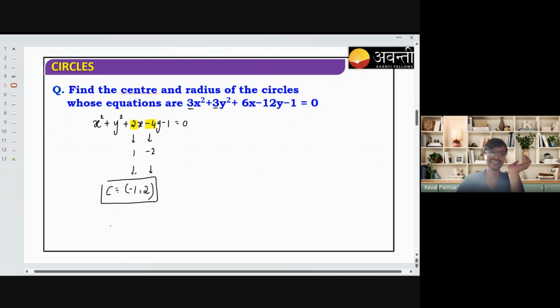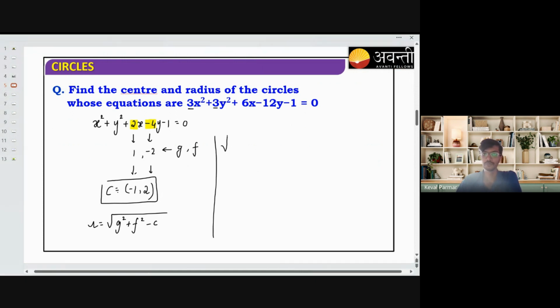Now what is radius? Radius is under root of g square plus f square minus c. Now remember, these are the coordinates of g and f. So what is g? G is 1. What is f? F is minus 2. So let us find the radius. What we'll get?